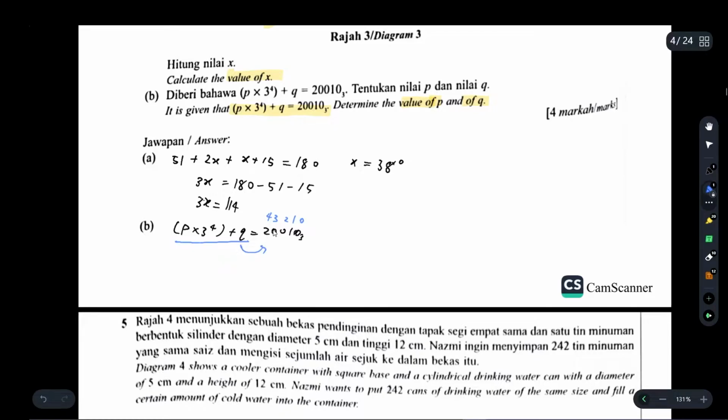So what does that mean? If you want to find the base 10 of this 2, we need to times it by 3 powered by 4. See the common thing? Yep, it's the same. So we found P. P is 2. And we need to plus the other number.